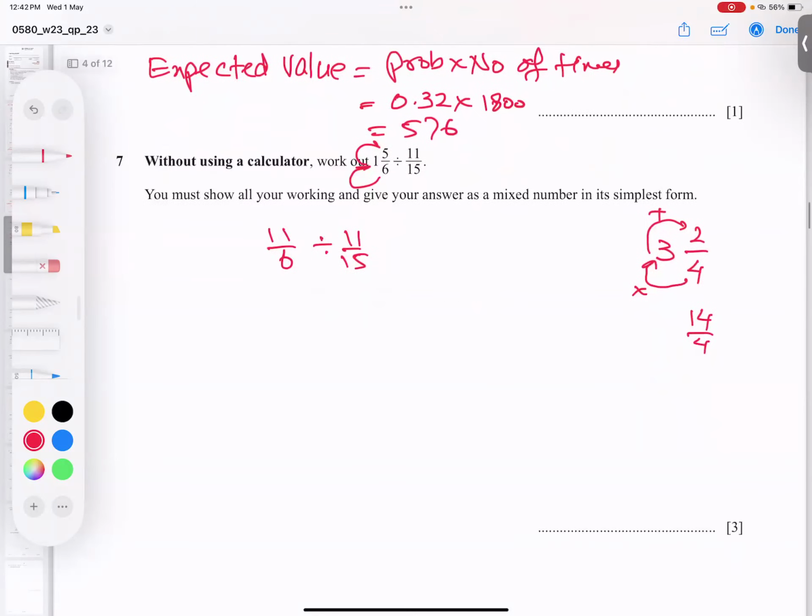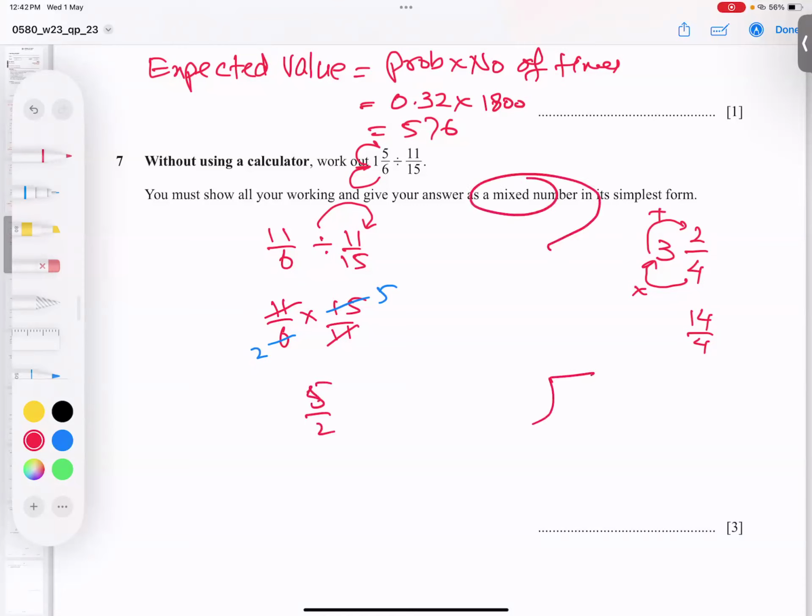When I convert this division into multiplication, the number after will flip. 15 will go up, 11 will go down. 11 cancels. 3 2s are 6, 3 5s are 15. Ultimately, I got 5 over 2, but then we need mixed form. He said mixed form. So 5 keep inside 2, 2 2s are 4, and I get a 1.